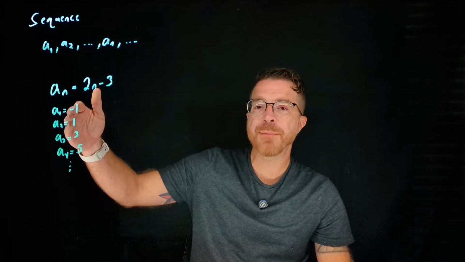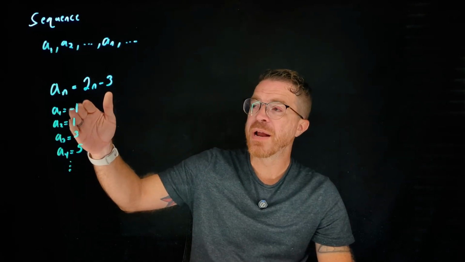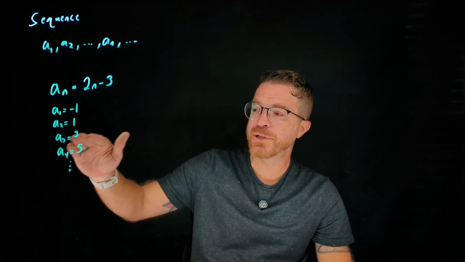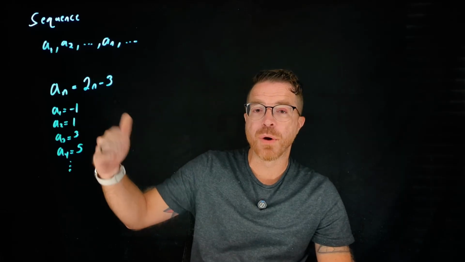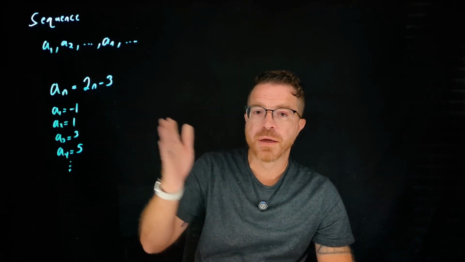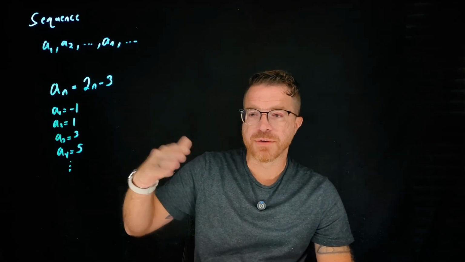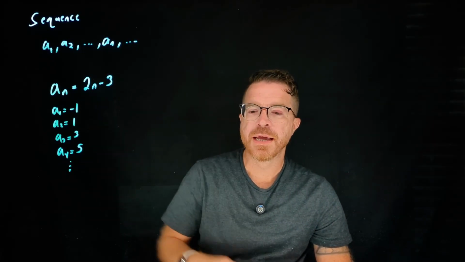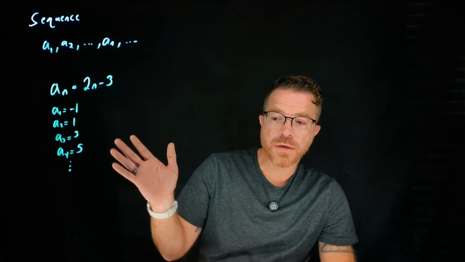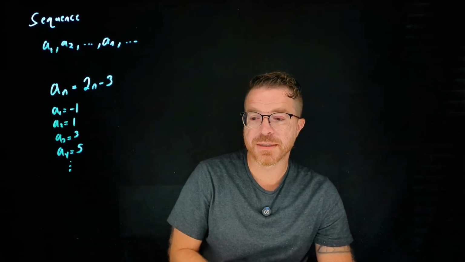So you can see that what's happening with this sequence is that it's taking your input number and increasing it by 2 every time that you go up by a number, starting at negative 1. So negative 1 to 1, 1 to 3, 3 to 5, 5 to 7, 7 to 9. And then this sequence would go on forever. So this explicitly defines what the sequence is.